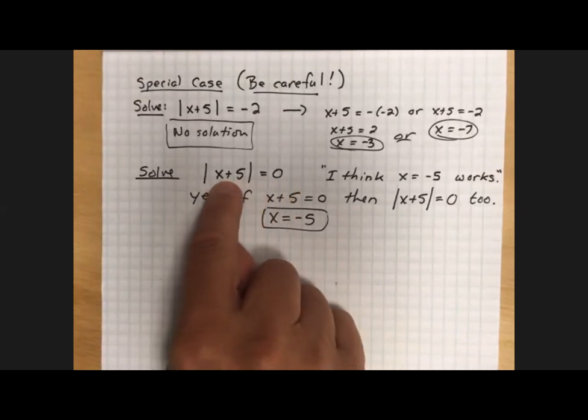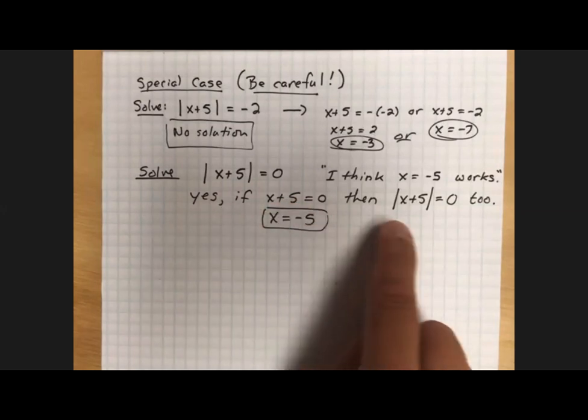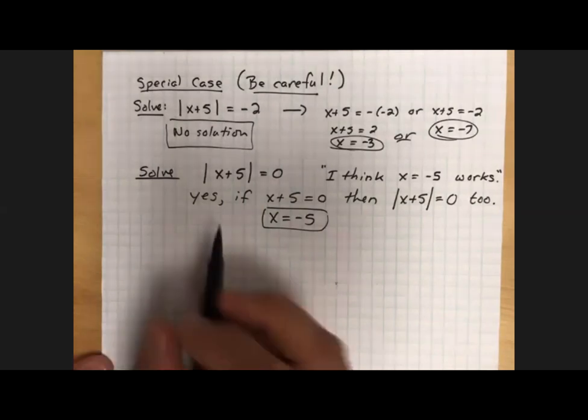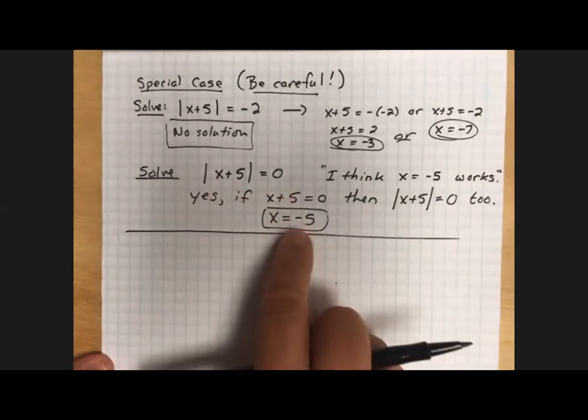Now, if I put something fancier inside here, I could imagine that there would be more than one answer. But that is not what we're doing in this section. And we might talk about it later, but it's not today. So don't worry about it yet. Right now, if it's equal to 0, the odds are you're going to have one answer.